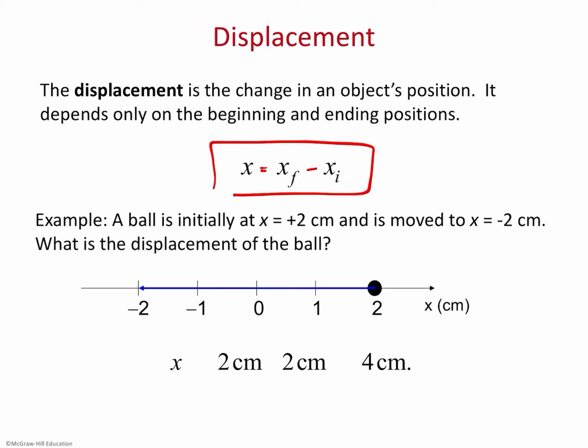Displacement just depends on the beginning and the ending positions. So x is equal to negative 2, because this is our final position, minus our initial position, which was positive 2, which equals negative 4 centimeters.